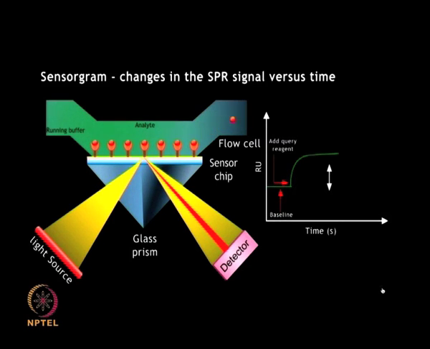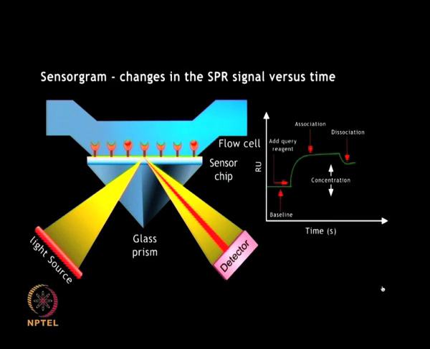When running buffer is further added, the bound proteins are dissociated, which can be seen as a dissociation rate in the graph, which is represented by off rate or K off.